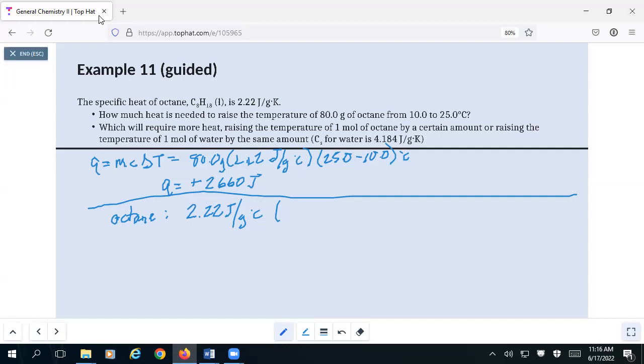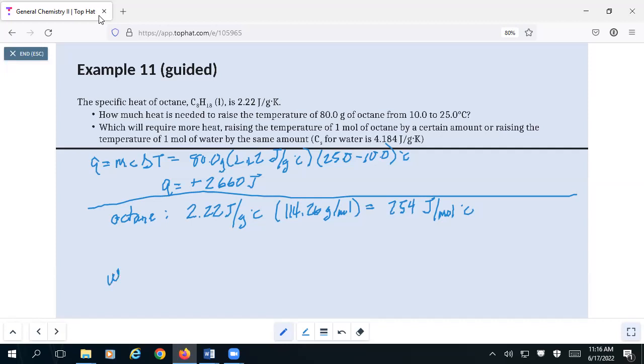I get 114.26 grams per mole. Molar mass times 2.22 would give us, to 3 significant figures, 254 joules per mole degree Celsius. So this would be the molar heat capacity of octane instead of the per gram.